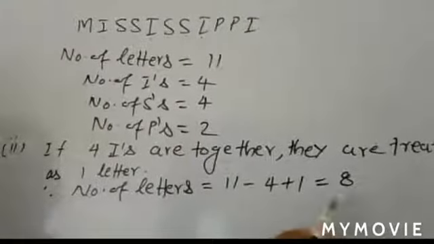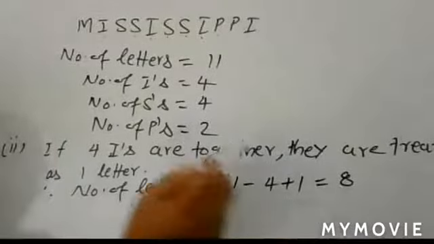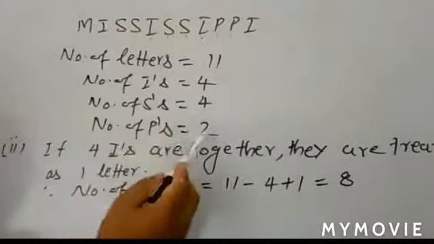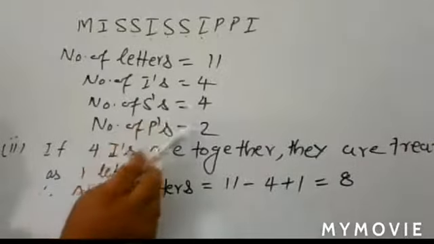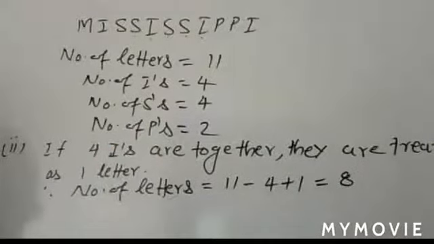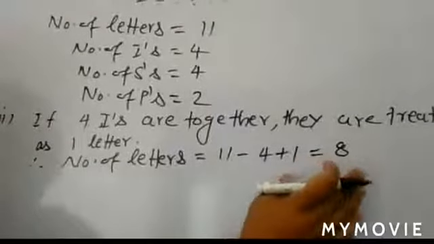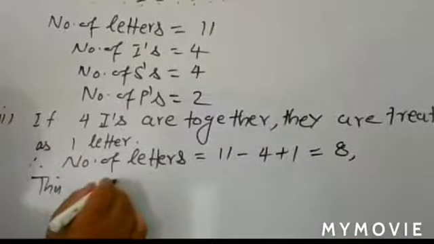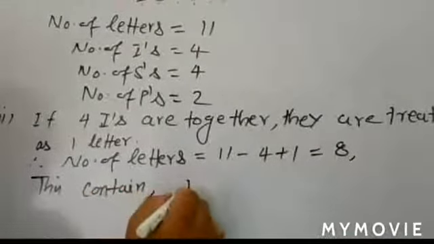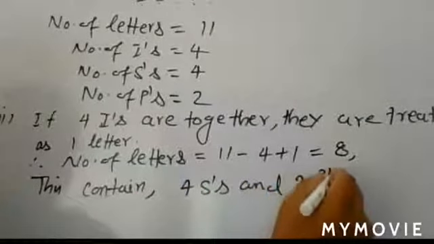But if you think about it, these 8 letters contain 4 S's and 2 P's also. Understand? So how many words are there? You have to mention it. So here you have a total of 8 letters, which contain 4 S's and 2 P's.